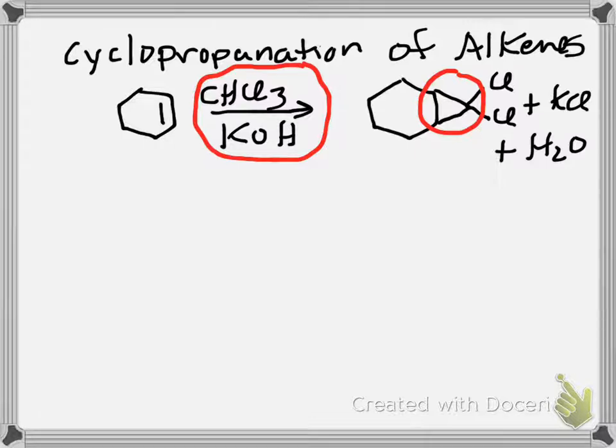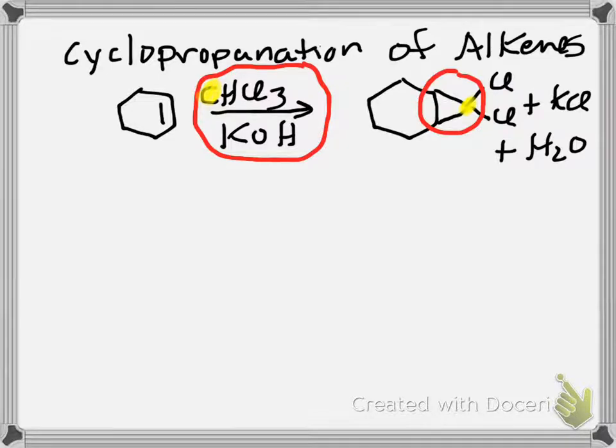So let's try to figure out what's going to happen here. The new carbon in the product, this carbon right here, has to come from this carbon right here, because that's the only carbon that's present in the reagents.